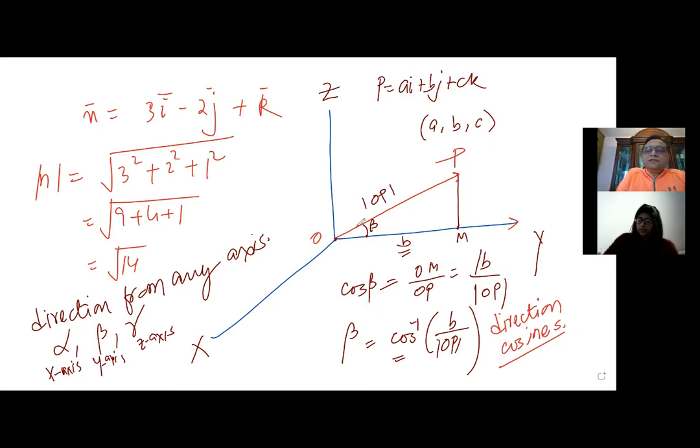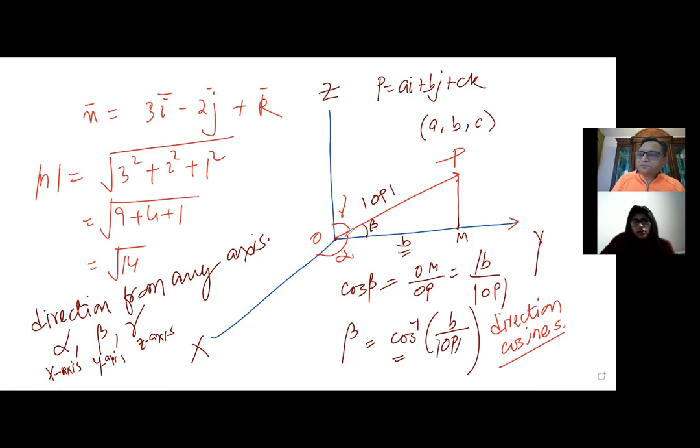From this diagram, this is my gamma and this angle here is alpha. You understand? Now it looks very simple to explain the concept using y-axis, and therefore in the books and most of the time, we use y-axis.